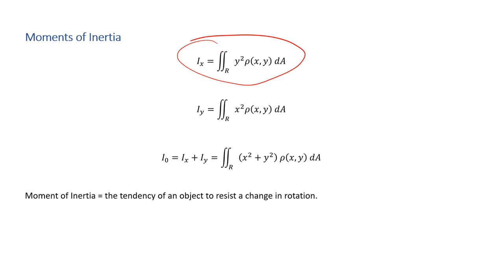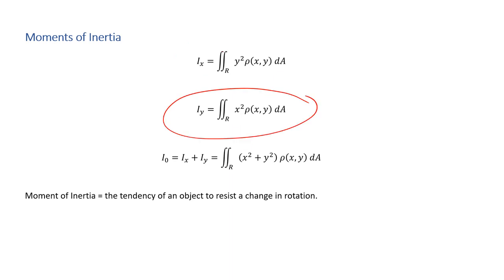We'll be integrating y squared times our density function over the area of the region. Our moment of inertia with respect to the y-axis, we're going to be integrating x squared times our density function over the area.